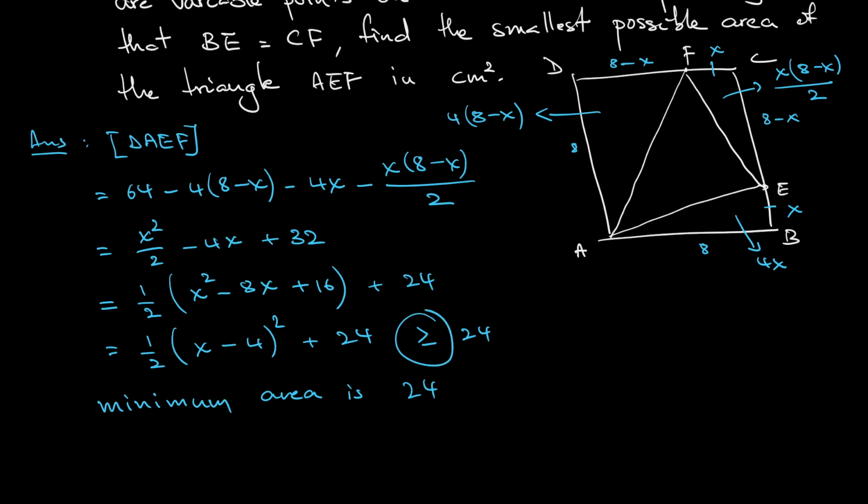Equality holds when this can be 0, that is when x is equal to 4. Is it possible that x is equal to 4? It's possible, right? x can be anything as long as it is between 0 and 8. So the answer to this question is that the minimum area is 24.